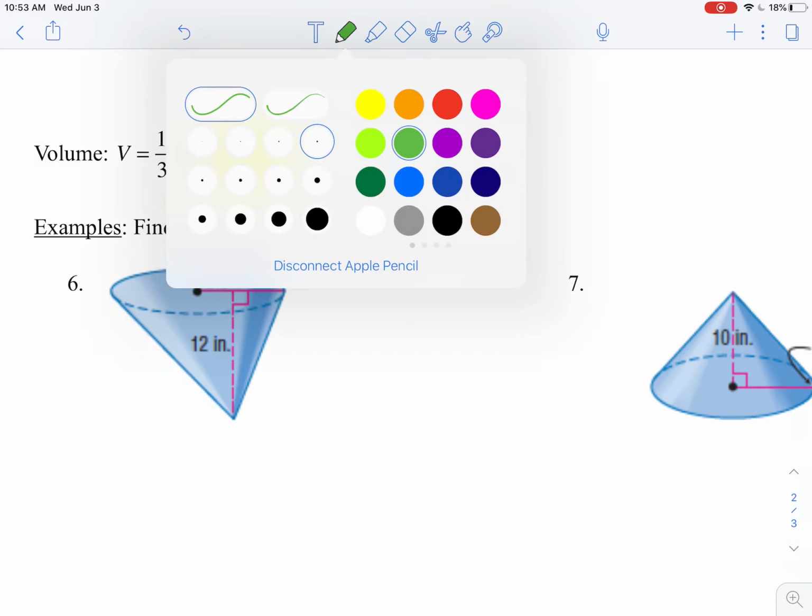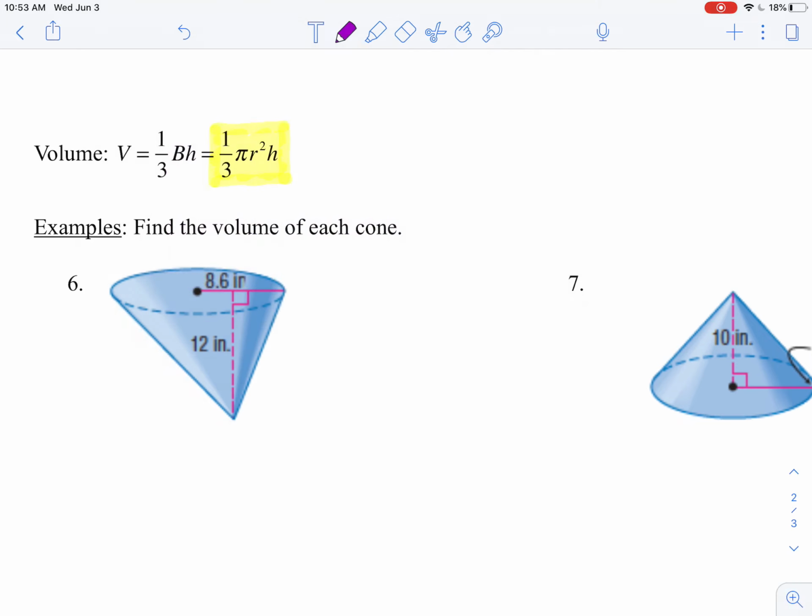When you take a look at question number 6, we're going to find the volume of the cone. So in this picture, we're given the radius of the base, which is 8.6 inches, and we're also given the normal height, 12 inches. So we can simply plug and chug into our formula, 1/3 pi r squared h.